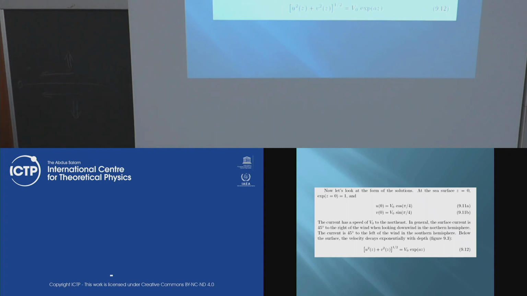This is the solution for the Ekman layer. It was interesting how experimentally this was noticed, that the surface flow is not in the direction of the wind.